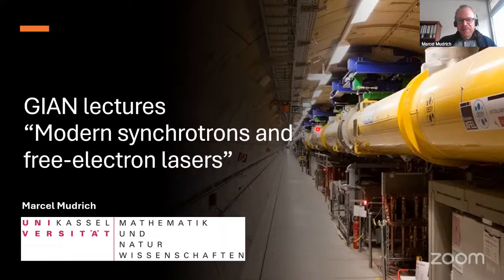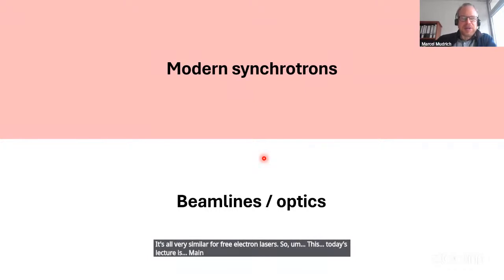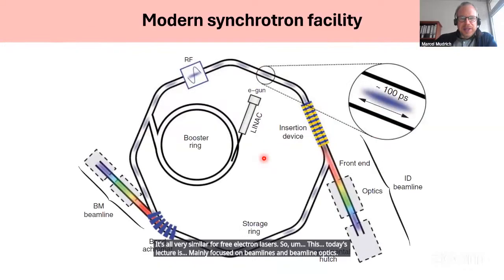So it definitely makes sense to go through these different devices and through the physics that is the basis of synchrotrons, because it is all very similar for free electron lasers. So today's lecture is mainly focused on beamlines and beamline optics.